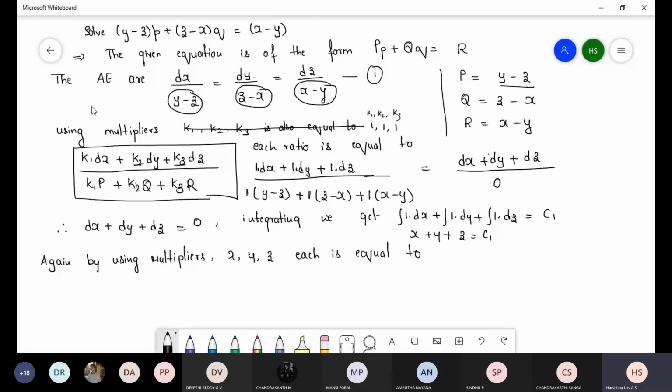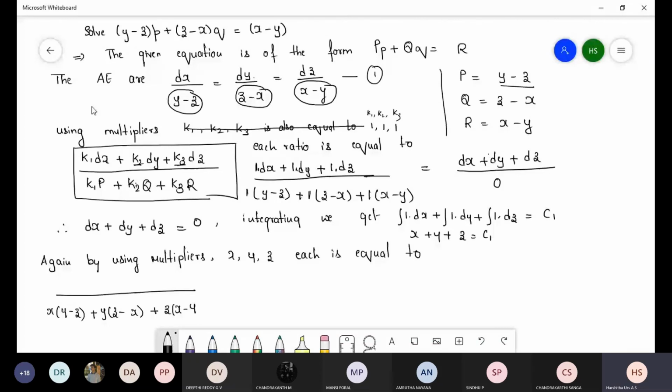So what we have to do here, as you told, if we multiply the first term with x into y minus z plus y into z minus x plus z into x minus y.